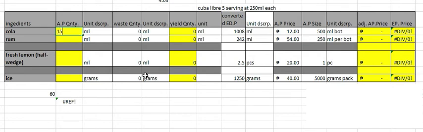So it will become 1,500 ml for 3 bottles. The same with your rum. If you look at the converted edible portion, we only need 242, right? The quantity per bottle is 250, which is still okay. So in short, we only need 1 bottle of 250.